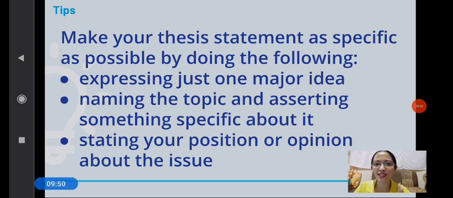Okay? Concentrate on one major idea and then elaborate on the specific details about that idea or topic. And then you state your position, whether you approve or disapprove, whether you reject or not reject the certain issue.